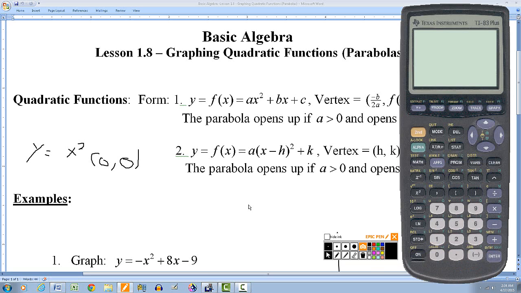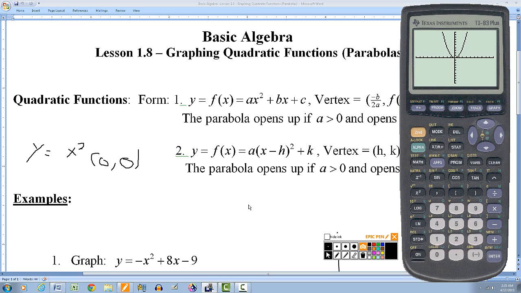Okay, so here I have three functions entered. The one I'm going to look at is the first one, y equal to x squared. So if I hit graph, okay, that's what the graph of y equal x squared looks like. Vertex at 0, 0. A is 1, that's positive, so it opens up.